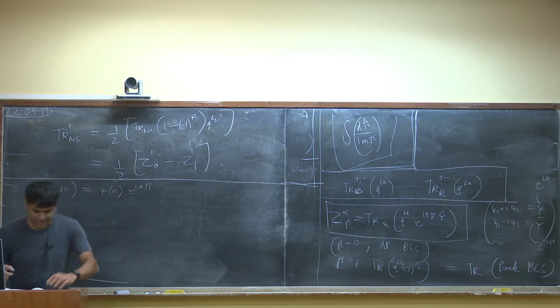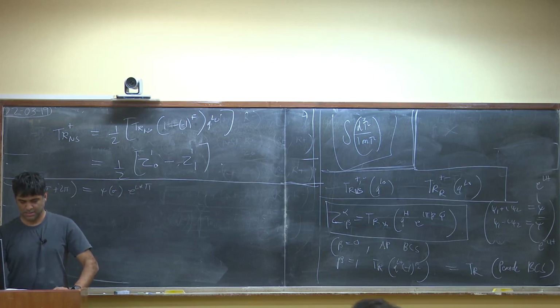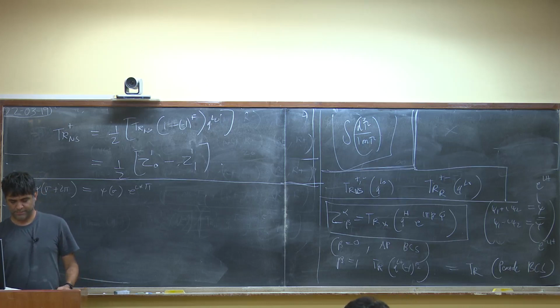I'll just check if Polchinski has alpha or minus alpha. The Ramond sector is, okay, so e to the minus pi alpha.